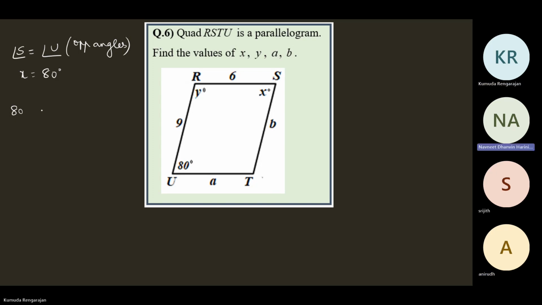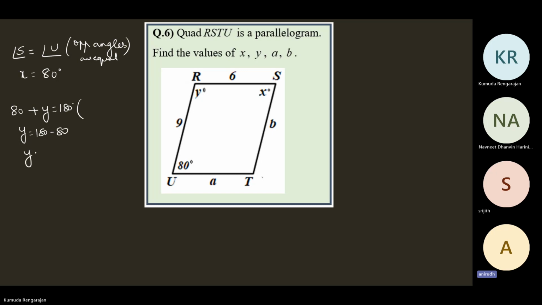Ma'am, can I say? Yes. Ma'am, y is equal to 100. Co-interior angles are supplementary. I want the steps. 80 plus y is equal to 180 degrees. Adjacent angles are supplementary. Y is equal to 100 degrees. Correct.